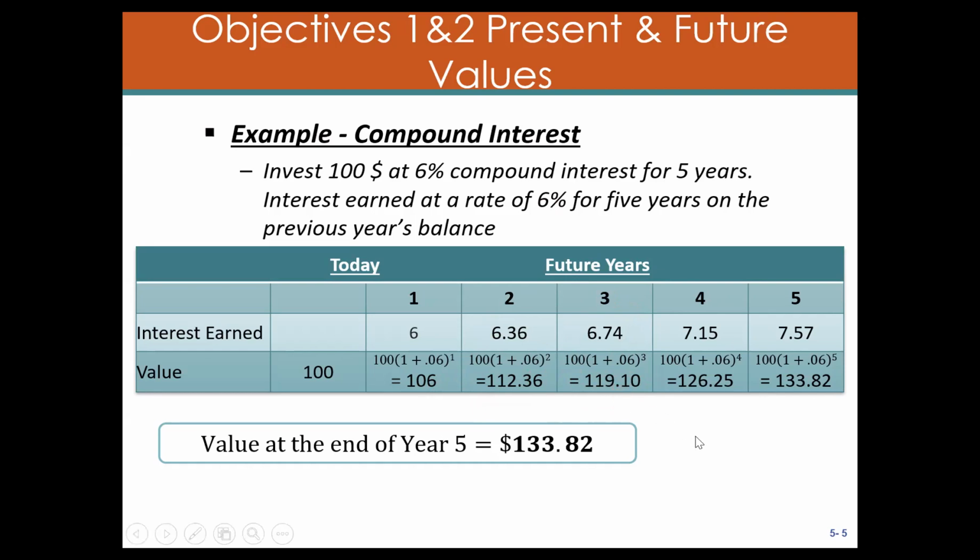This is the most important thing, this compound interest. It will grow exponentially. So it starts growing every year. And at the end of year 5, it becomes $133.82. This is the value of $100. Got it?